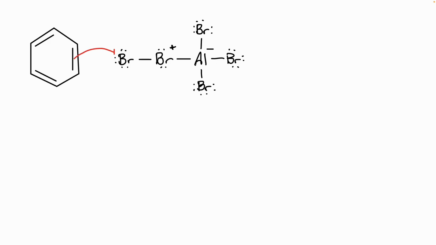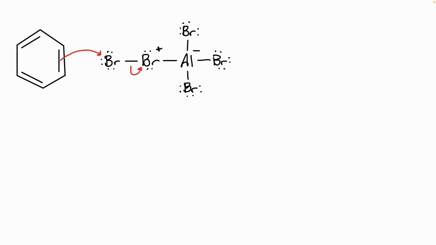It's going to grab this bromine right here, and that positively charged bromine can easily accept that pair of electrons. Okay, that's how we get our carbocation intermediate, where on one carbon we have our bromine attached, and on the other carbon we get a positive charge.